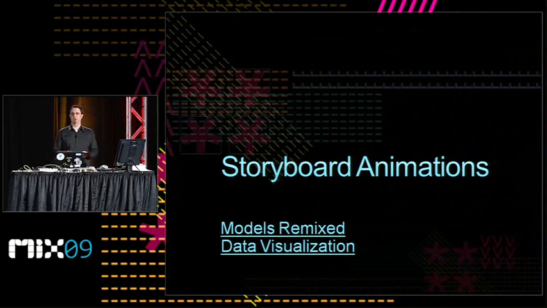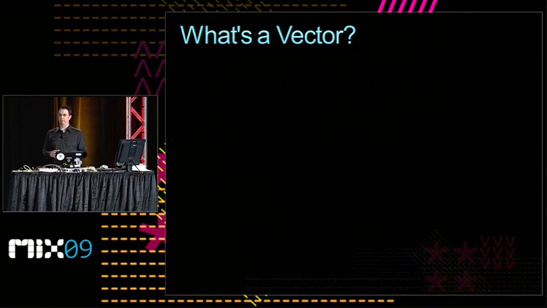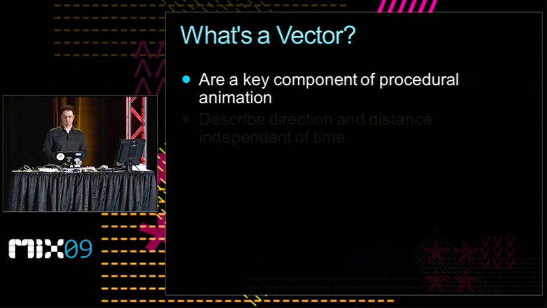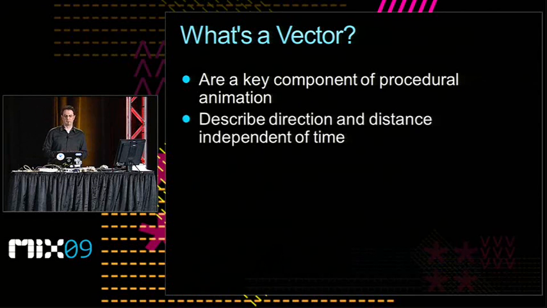So how do we get started in procedural animation? And the answer to that question is by using vectors. So what is a vector? First answer is it's a key component of procedural animation. This is a really easy way to give you a lot of control over moving your objects around an application. And what a vector does is describe a direction and distance independent of time.